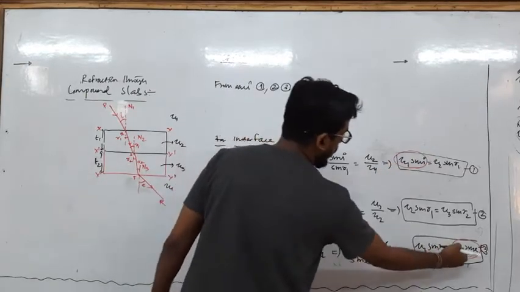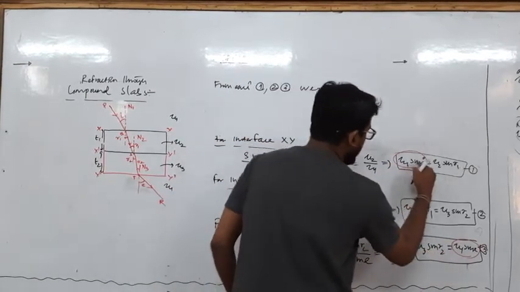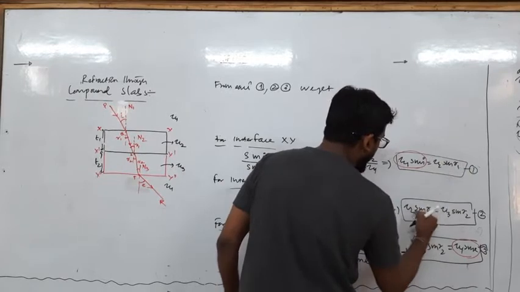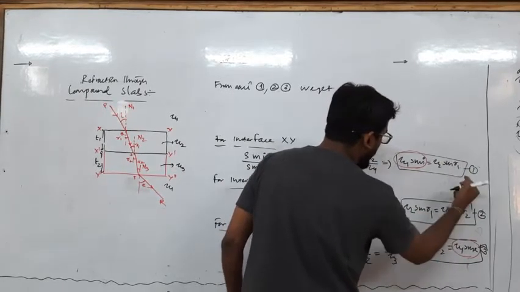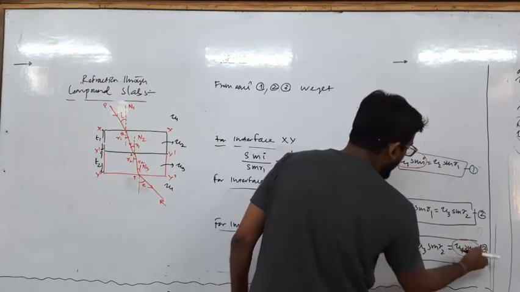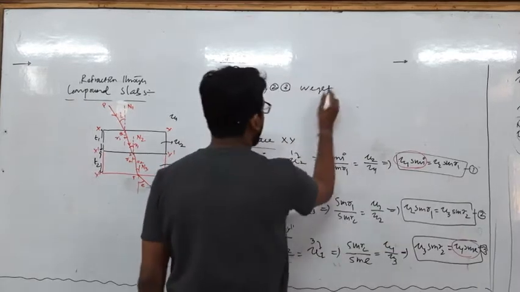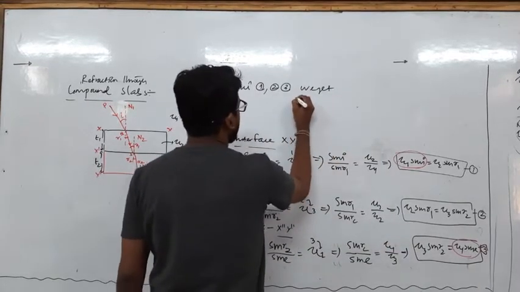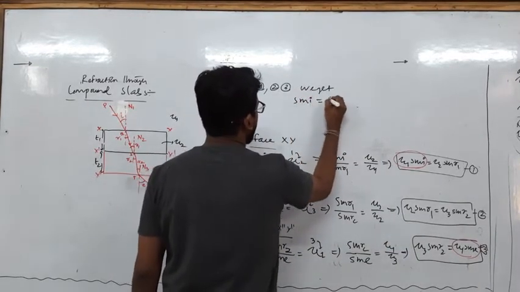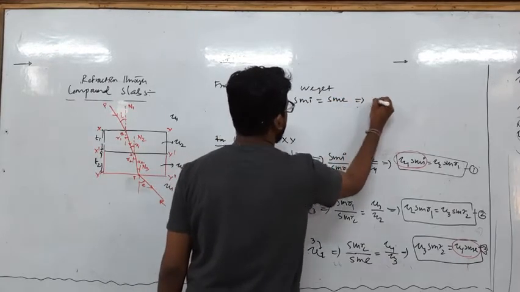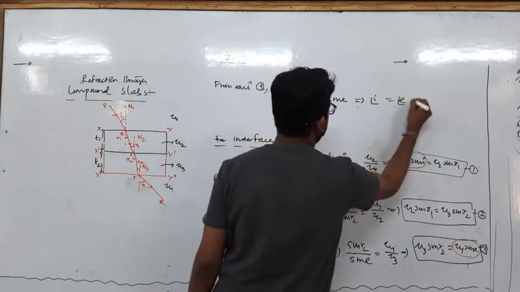Mu1 sin I equal to mu2 sin R1, again mu2 sin R1 equal to mu3 sin R2, and again mu3 sin R2 equal to mu1 sin E. So from 1, 2 and 3 we will get sin I equal to sin E. So this implies angle of incidence equal to angle of emergence.